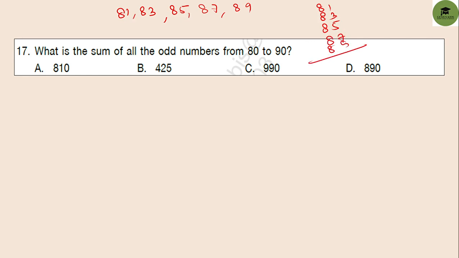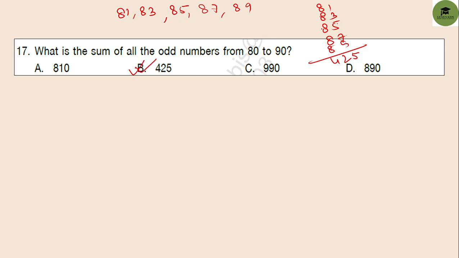So 1 plus 3, 4, 4 plus 5, 9, 9 plus 7, 16, 16 plus 9, 25. 2, 8 plus 2, 10, 10 plus 8, 18, 18 plus 8, 26, 26 plus 8, 34, 34 plus 8, 42. So option B is your correct answer.